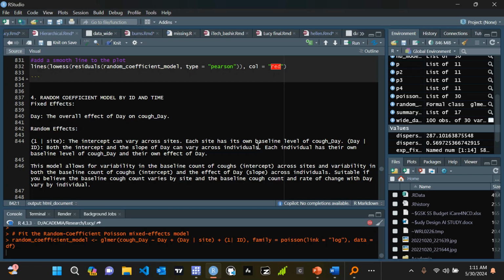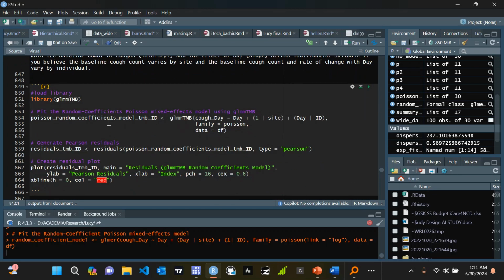Each individual can have their own frequency at a given day, their own baseline cough frequency, and their own effect of the day. They can also have the effect catered for within the study sites they are in. So this is why we need this. This is the model that we wanted.